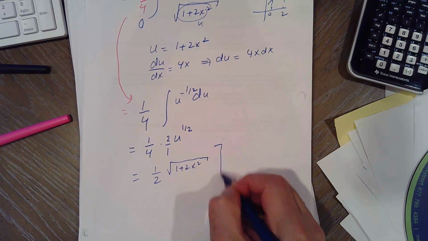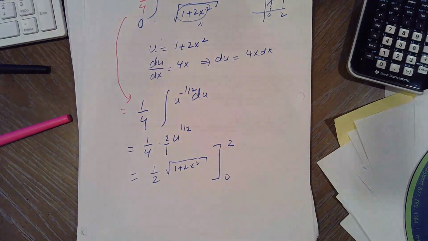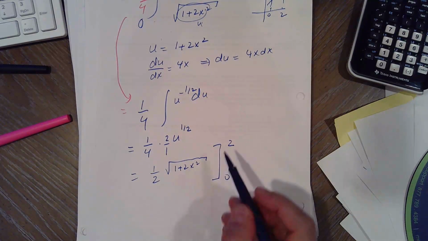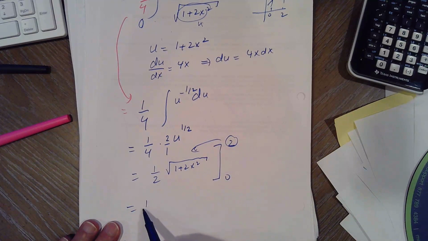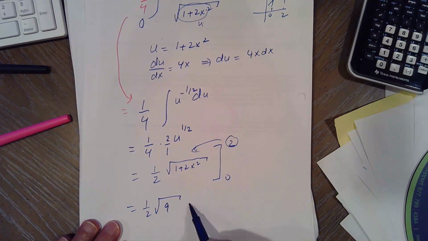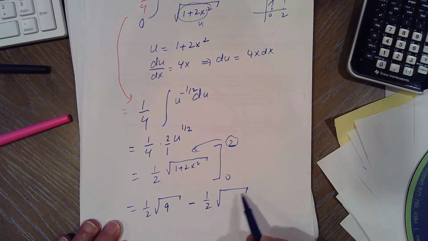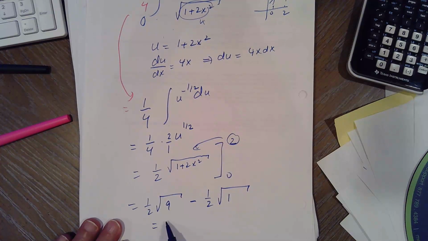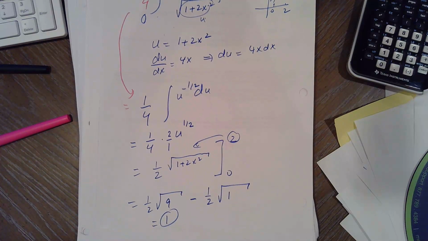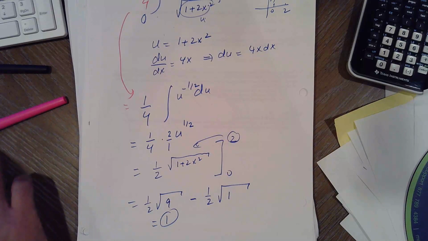And now we bring the limits back because now x is back. So we do the upper limit, 1/2 square root of 9 minus 1/2 square root of 1, which would be 3/2 minus 1/2, which is 1.